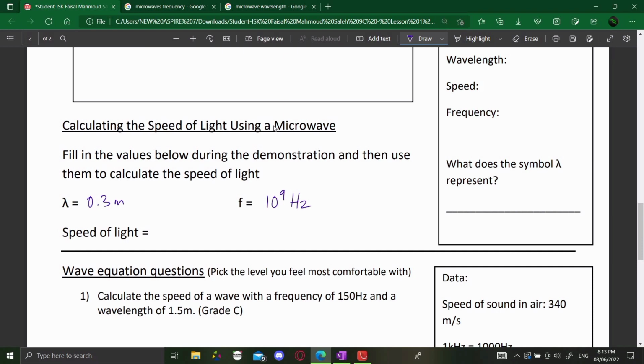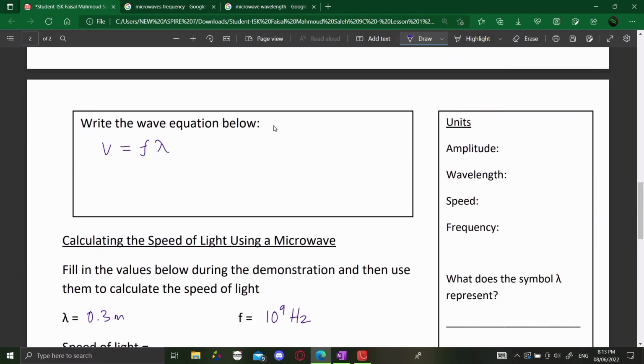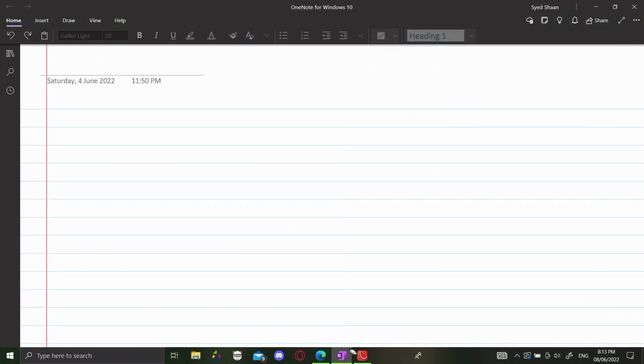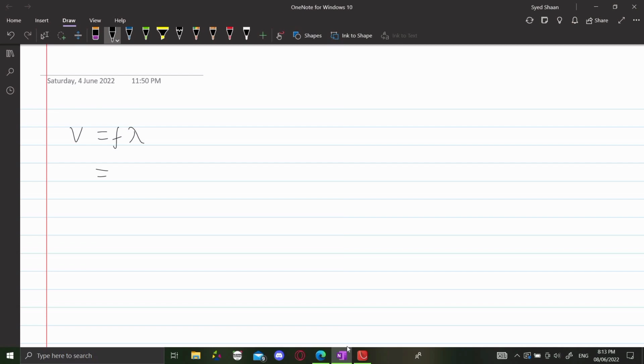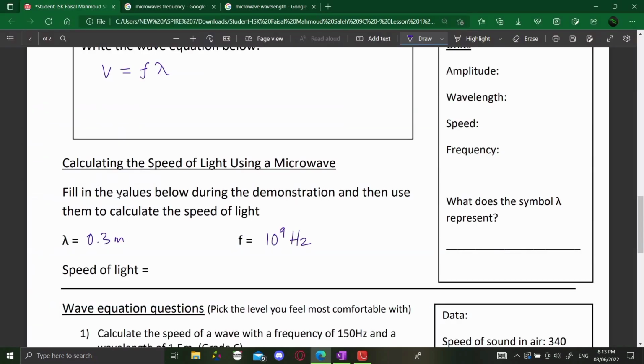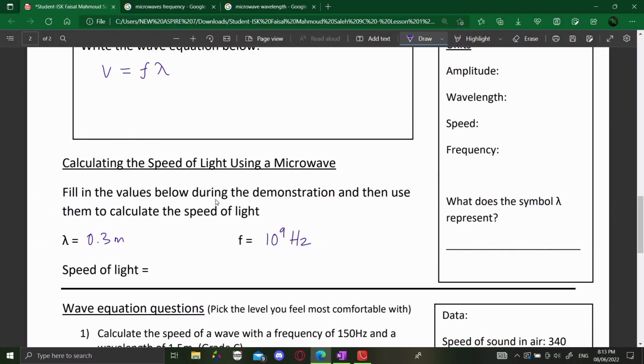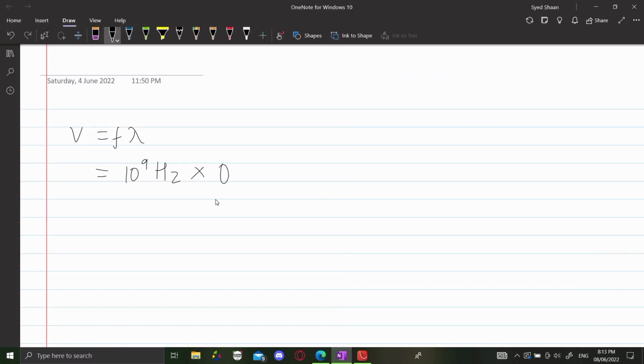So using the equation that we stated over here, the speed of the wave is the frequency times its wavelength, and the frequency is 10 to the power 9 hertz multiplied by the wavelength, which is 0.3 meters.